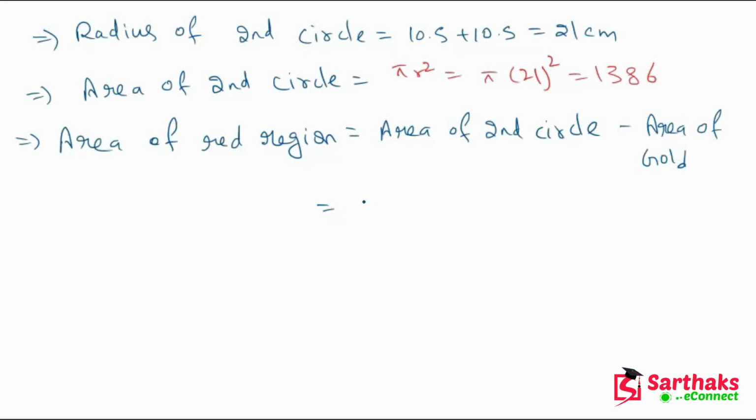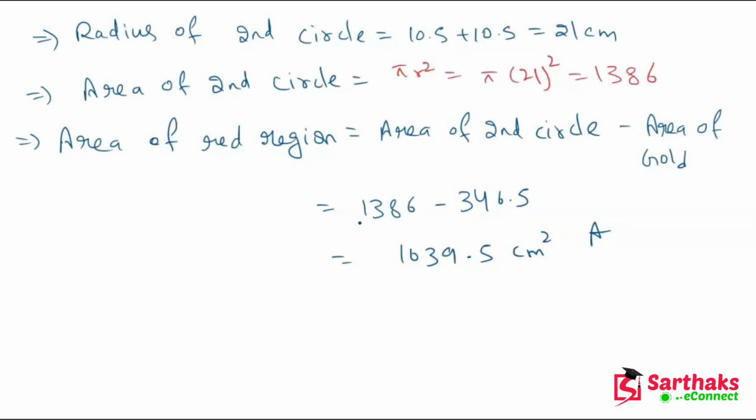We have 1386 minus 346.5, so this will give 1039.5 centimeter square. So this is the answer. I hope you get this point.